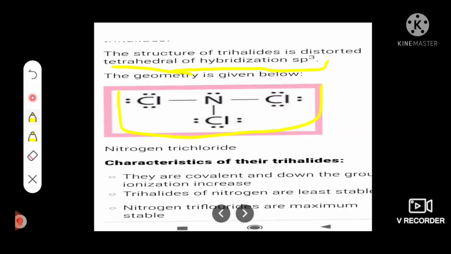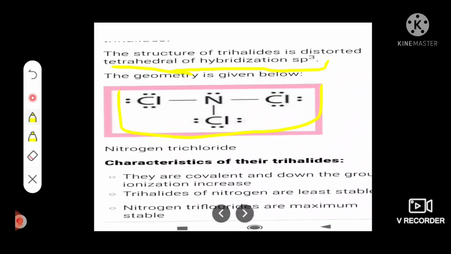The geometry of nitrogen trihalide is given in this picture. All other trihalides are covalent compounds and they have pyramidal shape in the gaseous state.